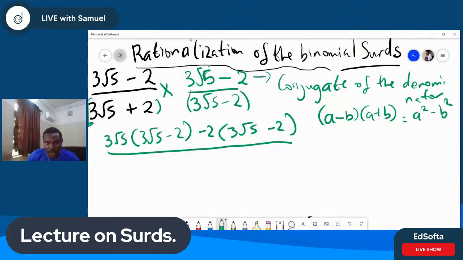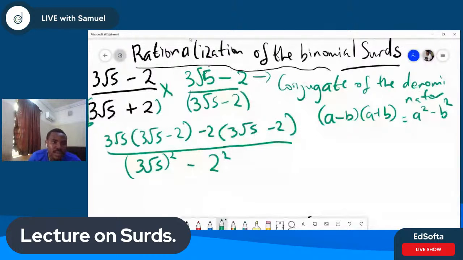With 3 root 5 as our a and 2 as our b, all we need to put as the denominator is 3 root 5 squared minus 2 squared.